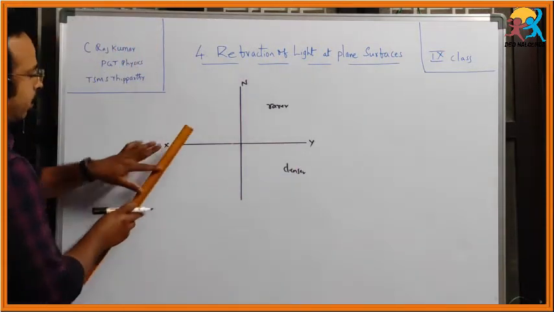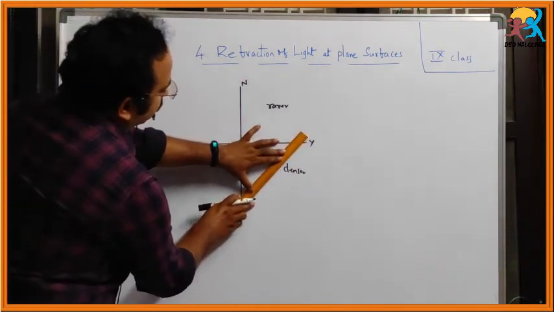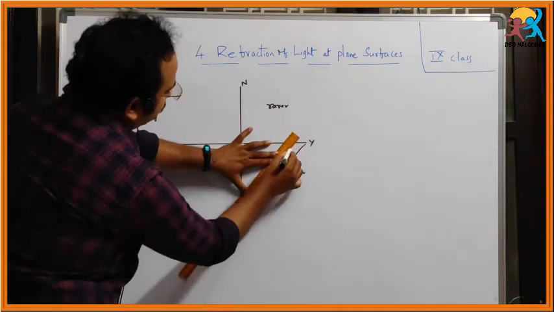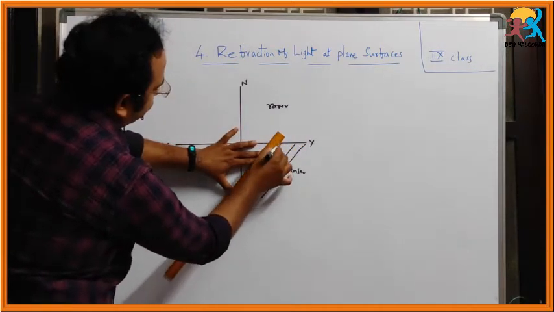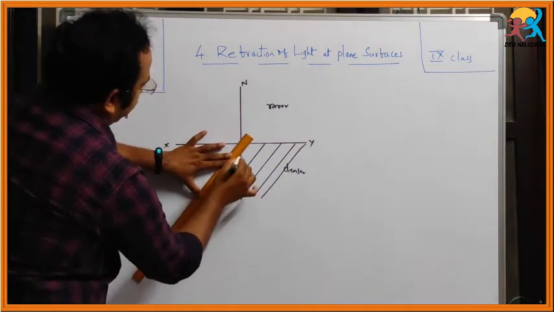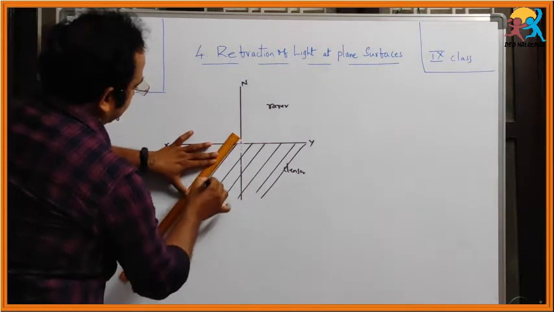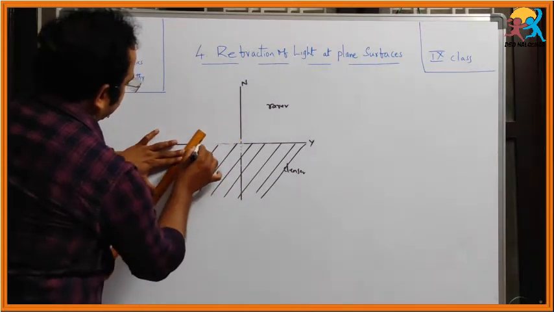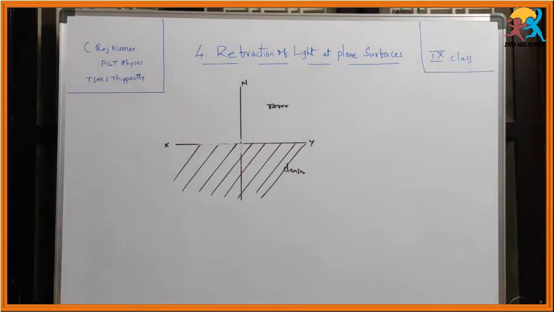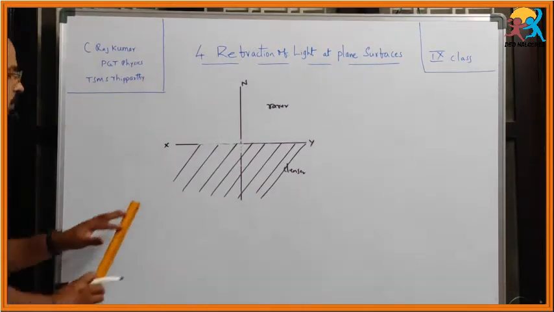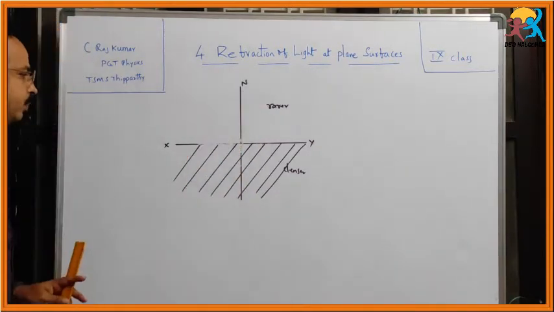For example, this medium is filled with some other medium, maybe filled with a material. Right. So this is a denser medium, and this is a rarer medium.